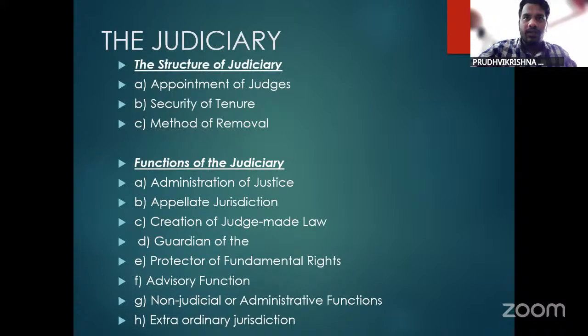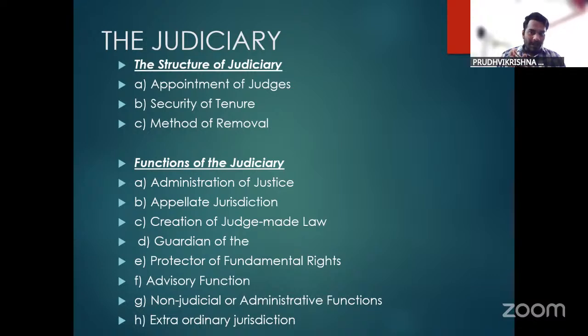Next, now we will just revise what we have learned, some of the important points. We all know that the central government is divided into three major ones: the legislature, the executive, and the judiciary. In the legislature, that is the Indian Parliament, the main component is the legislative branch.